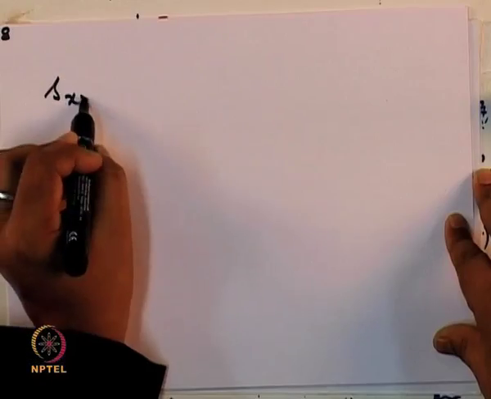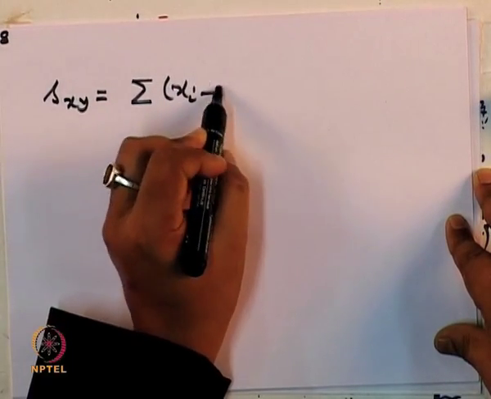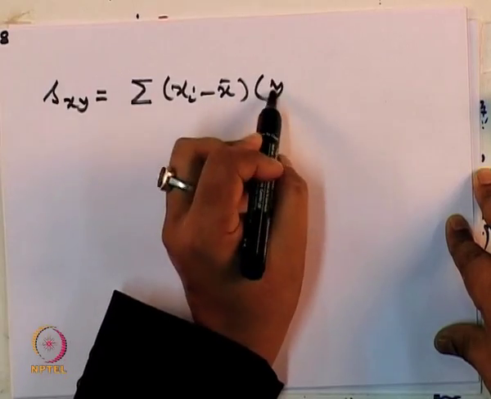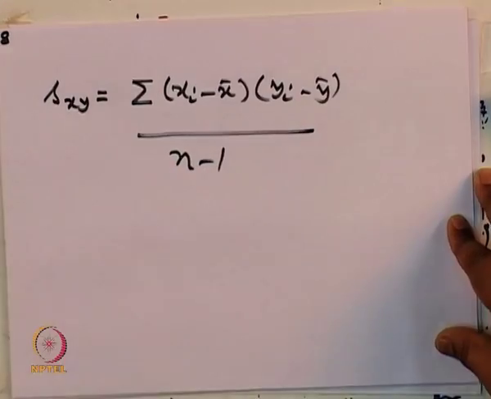Covariance is defined by Sxy equal to summation of (xi minus x bar) into (yi minus y bar), whole divided by n minus 1.